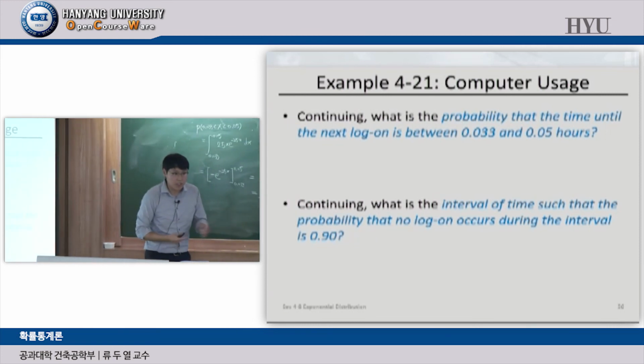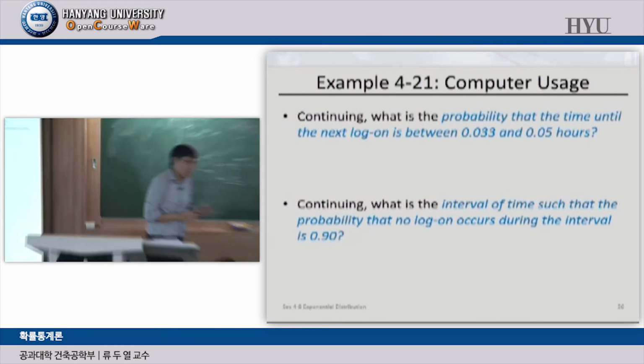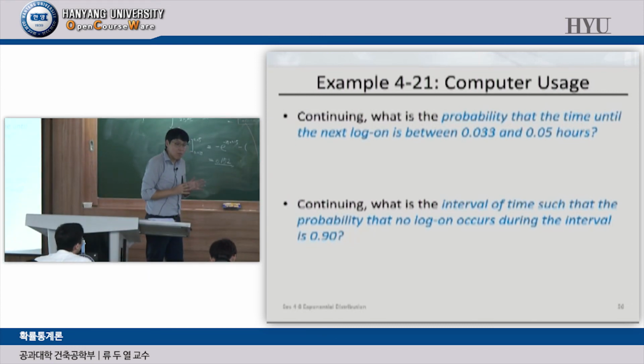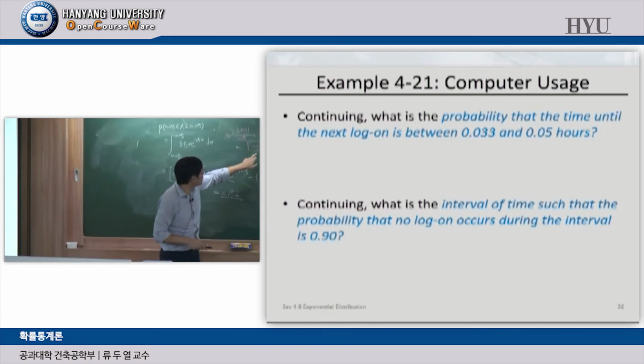So this means that the probability that there will be no logon within the first 0.00421 hour is 0.9. Okay?